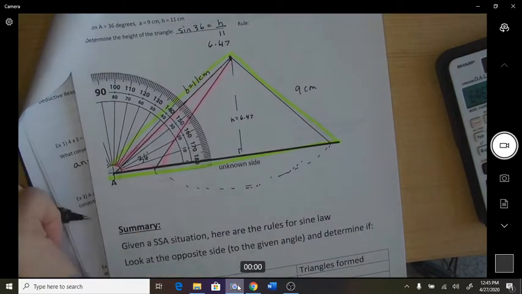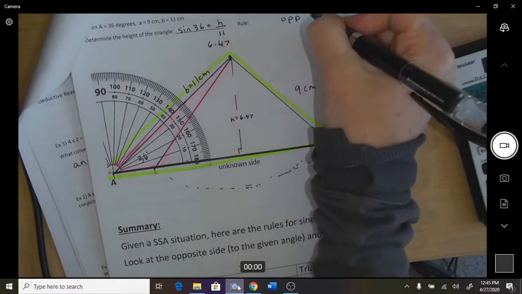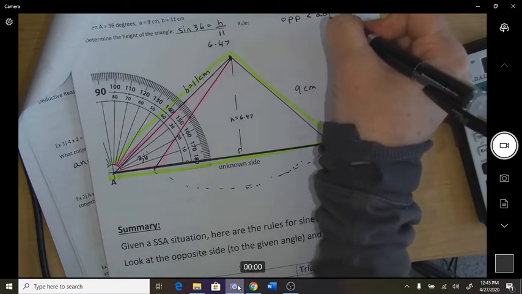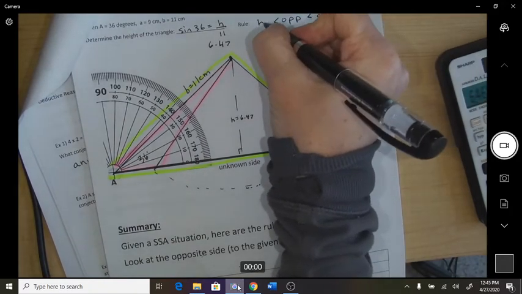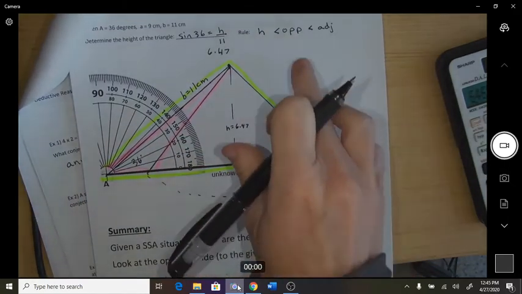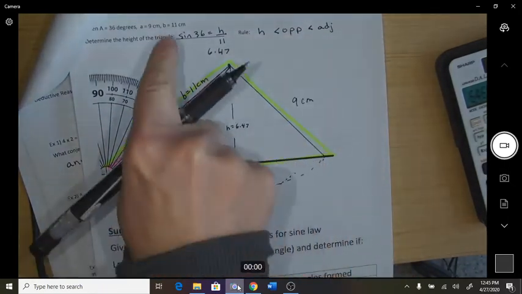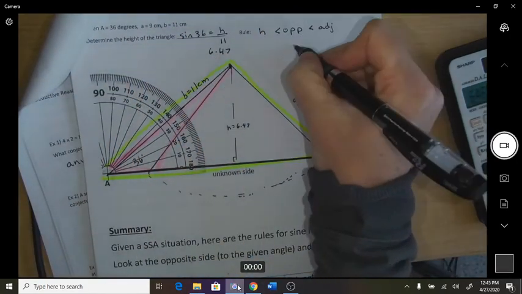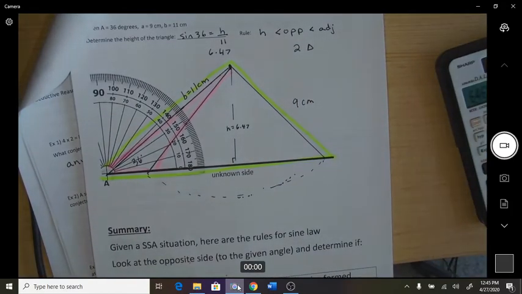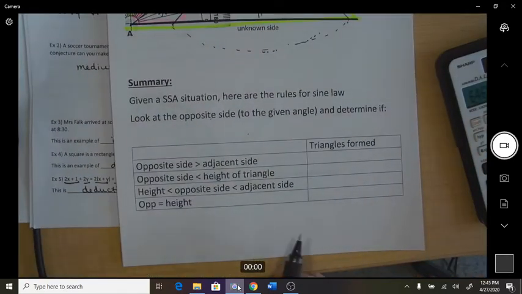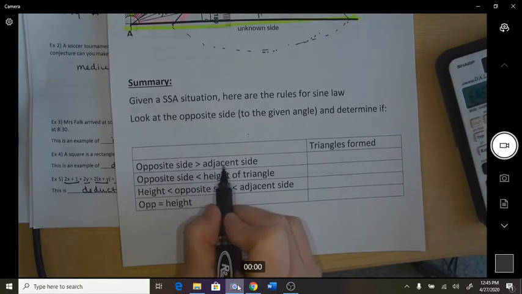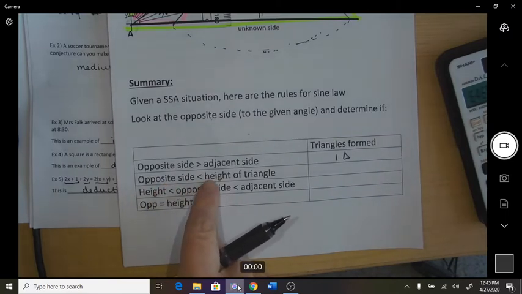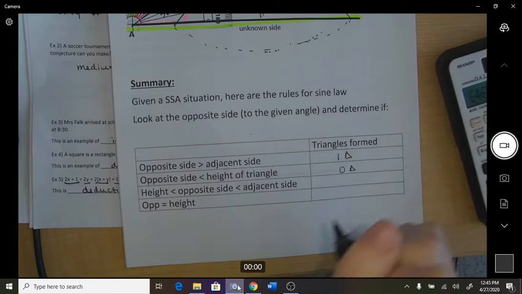So writing a rule, if the opposite side is shorter than the adjacent, but at the same time longer than the height, so if the opposite side is in between, because 9 is in between those two values, then there's going to be two triangles formed. Okay, so a summary. Opposite side is longer than the adjacent, one triangle. If the opposite side is just smaller than the height, then you're not going to be able to reach.